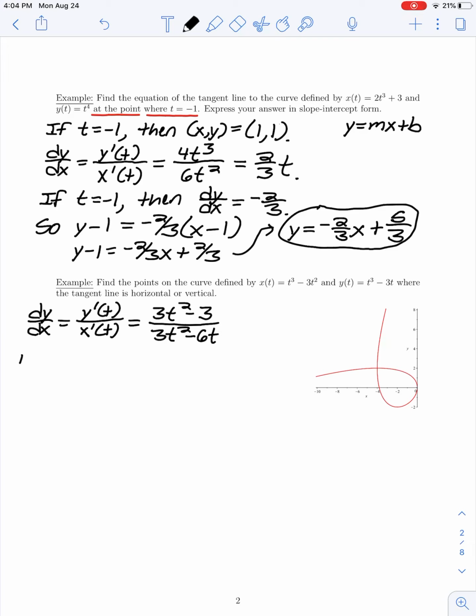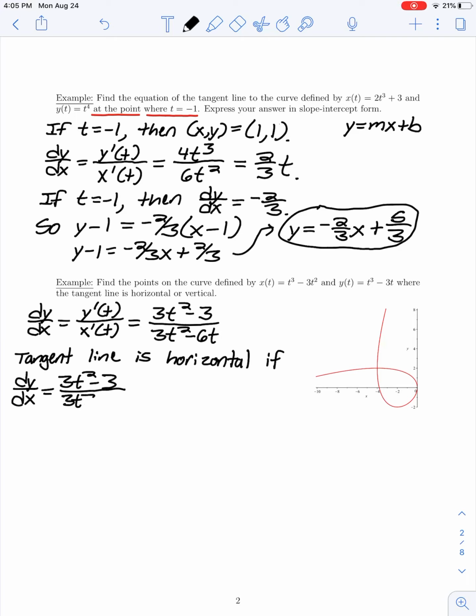So we could say that our tangent line is horizontal if our derivative, dy dx, which we just found to be 3t squared minus 3 over 3t squared minus 6t, is equal to 0.